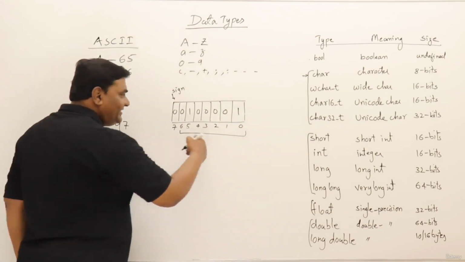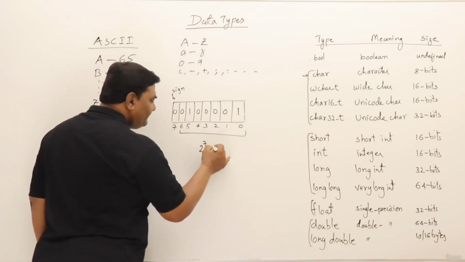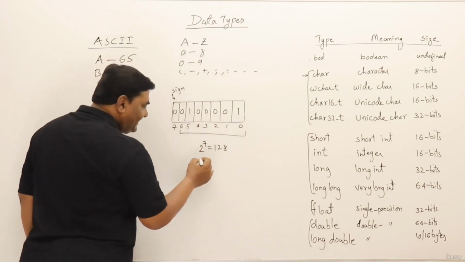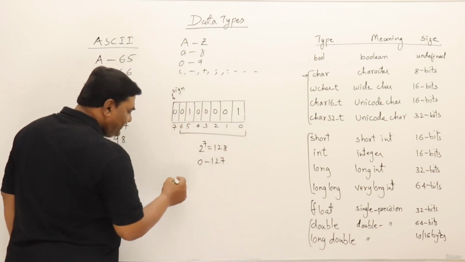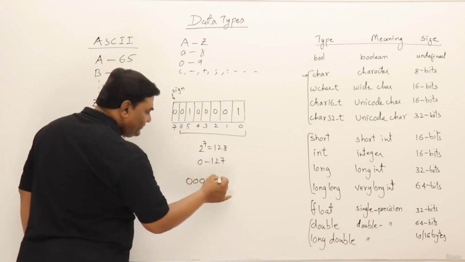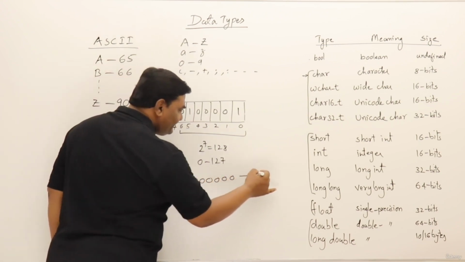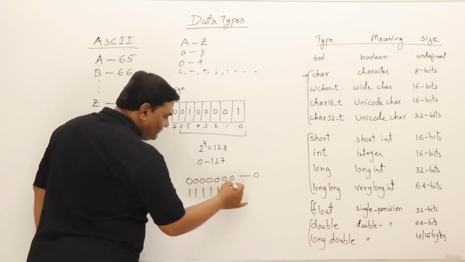So in the 7 bits, what is the maximum number they can store? 2 power 7 is 128. But starting from 0, it will go up to 127. So in 7 bits, it can be 0, 0, 0, 0, 0, 0, 0. So this becomes 0. And it can be 1, 1, 1, 1, 1, 1, 1.